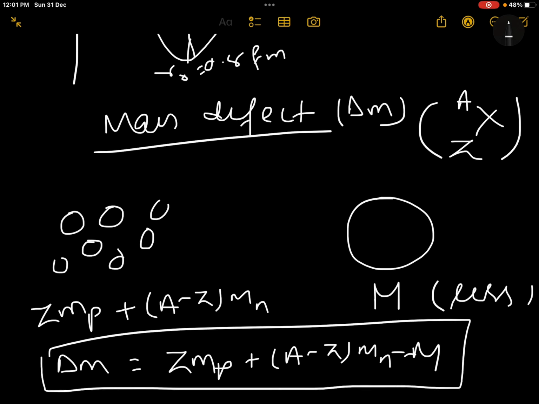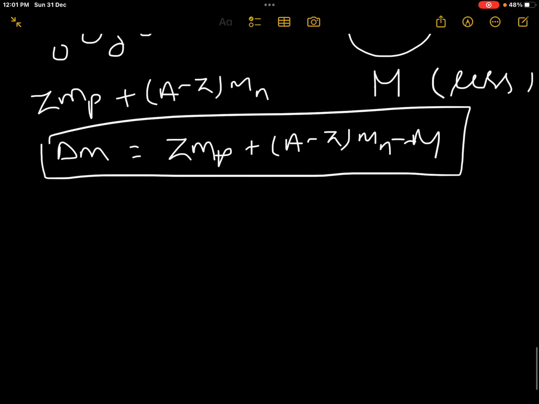The mass defect is the difference between the calculated mass of free nucleons and the mass of the nucleus. So what is mass defect?